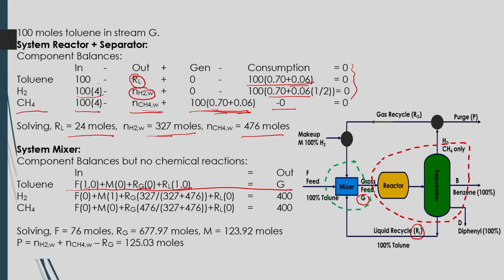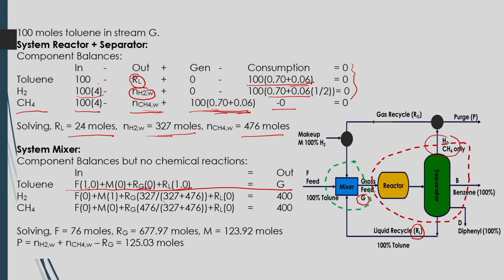That you can simply calculate, because you know the moles of hydrogen and the moles of methane coming out from the separator in this gas recycle stream. That fraction will simply be the moles of hydrogen divided by the total moles of hydrogen and methane. So, accordingly, you can calculate the hydrogen mole fraction based on the amounts found from the material balance of components in the system of reactor and separator.